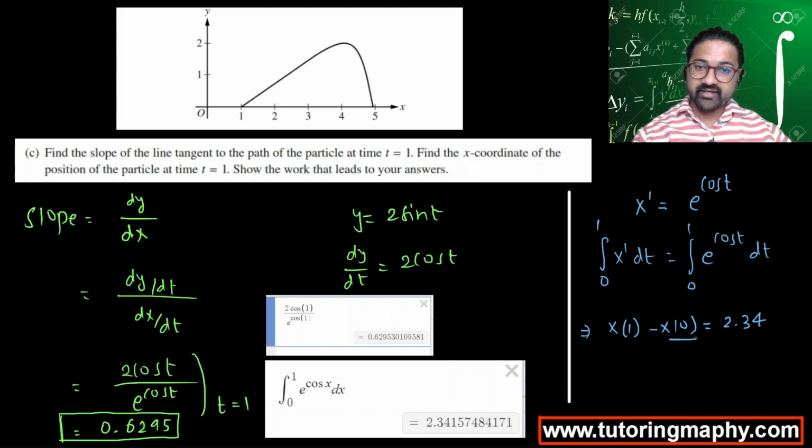The value of x at 0, like I already said, is 1. So x of 1 minus 1 is 2.34, and all we have to do is add 1 to both sides, so we end up with 3.34 as the value of x of 1.